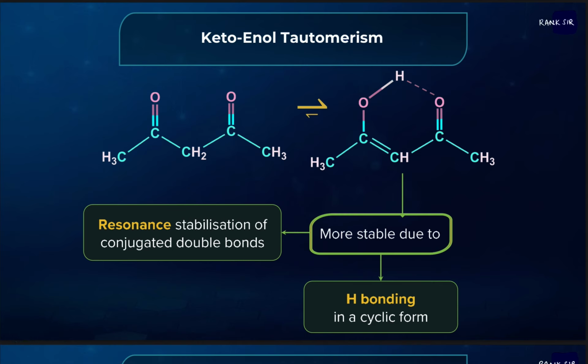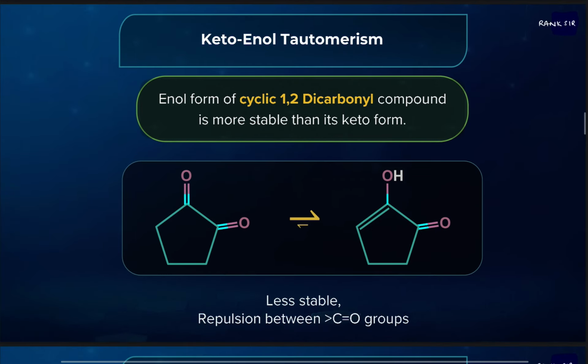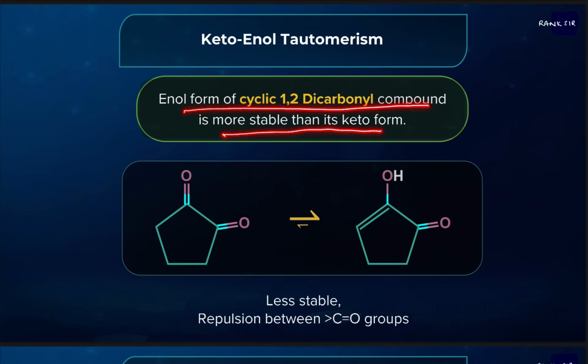The same hydrogen bond is shown, that's why the forward reaction is more than the backward. Resonance stabilizes here also, and the hydrogen bond stabilizes. Due to this we have resonance like this, so resonance also stabilizes. Then, the enol form of a cyclic 1,2-dicarbonyl compound is more stable than its keto form. Again the same factors here. There is hydrogen here, and here also.